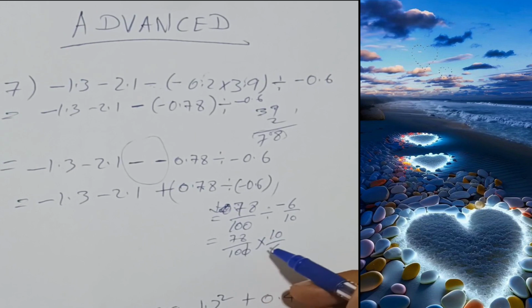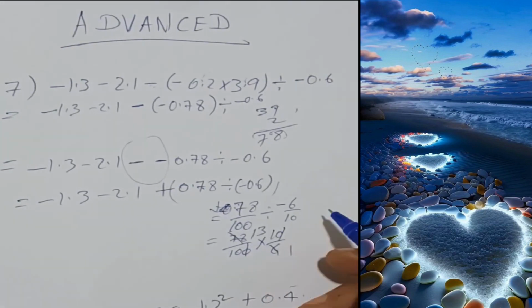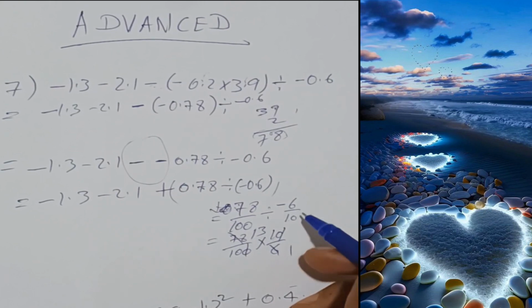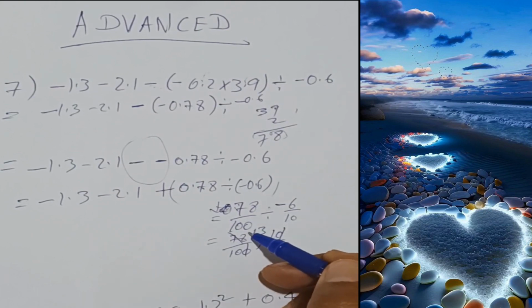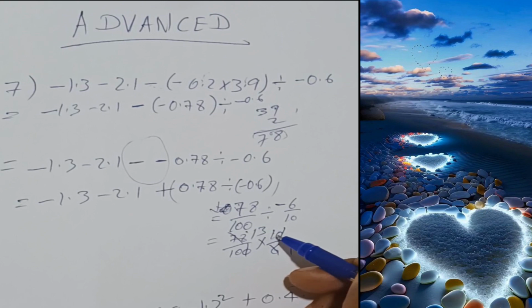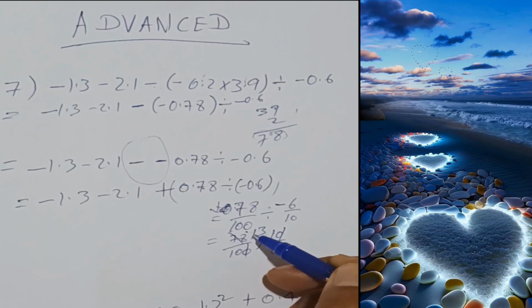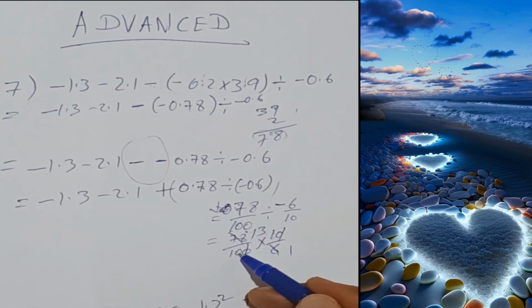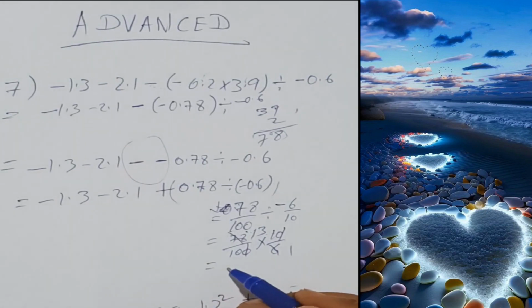So this cancels, this cancels, and it becomes 13 over 10. The negative will come, so negative 13 divided by 10, negative 1.3. So this will be negative 1.3.